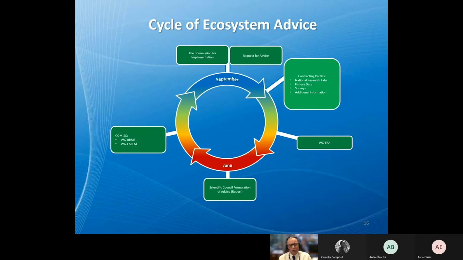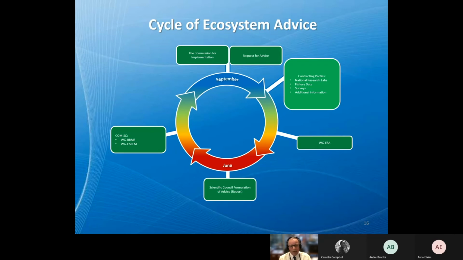And how the institutional structure works is an annual cycle of ecosystem advice. If you can see my cursor, decisions are made in September at the annual meeting, and the request for advice is made in September of the annual meeting. When it's for ecosystem advice, the working group on ecosystem science and assessment meets in mid-November.